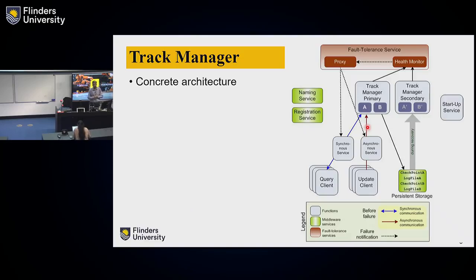But when we identified quality attribute scenarios, the non-functional requirements, we identified that fault tolerance and performance, for example, are the key attributes. And we need to update the software architecture so that these attributes can be addressed. So we update the current architecture with certain additional components to achieve those quality attributes. So this is the concrete architecture.